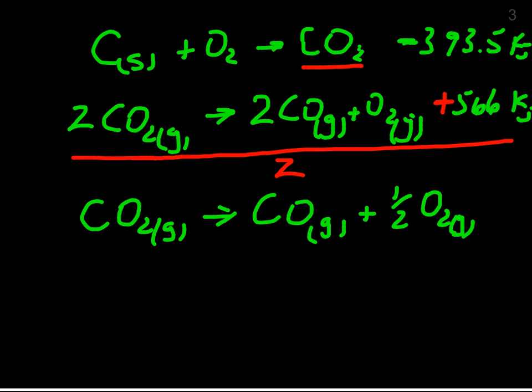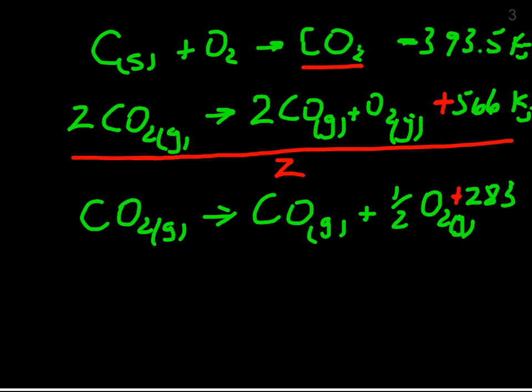Now because I divided the reaction in 2, I'm representing half as much reactant there. I need to divide the amount of heat by 2. So if I divide 566 by 2, I come up with 283 kilojoules. And it's still positive. I haven't changed that.